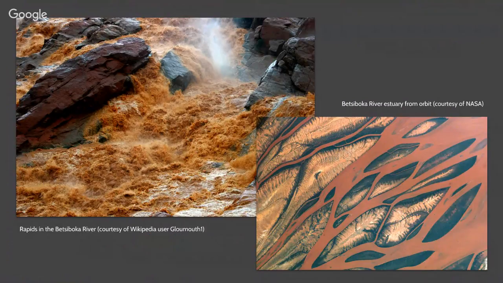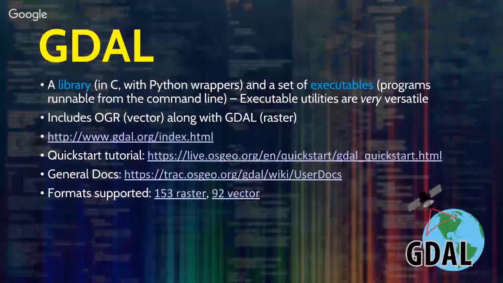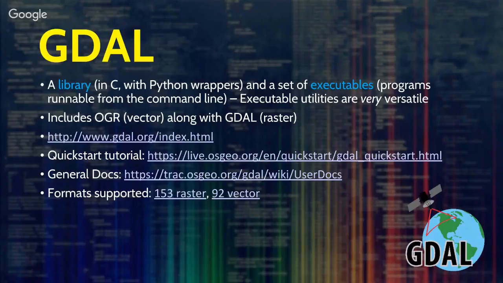So, okay, GDAL. GDAL stands for the Geospatial Data Abstraction Library. It's a fabulous, wonderful thing, originally put together by a guy named Frank Warmerdam. You can think of it as a pile of code that constitutes the guts, the real mechanics of the GIS.